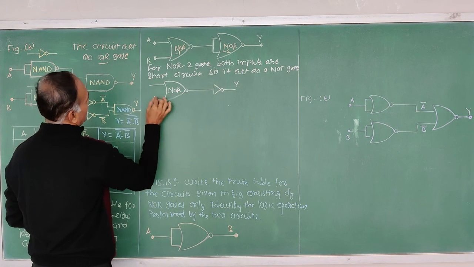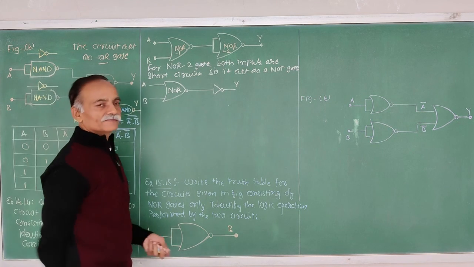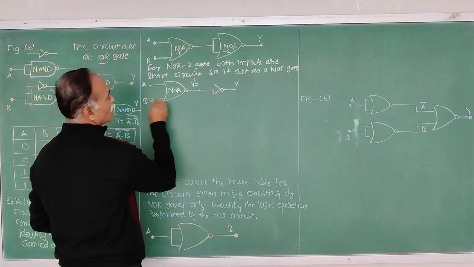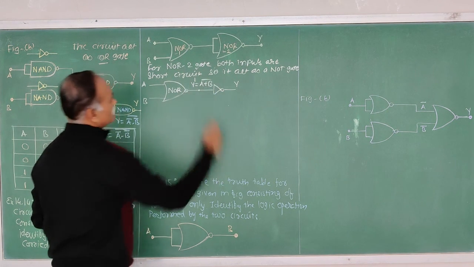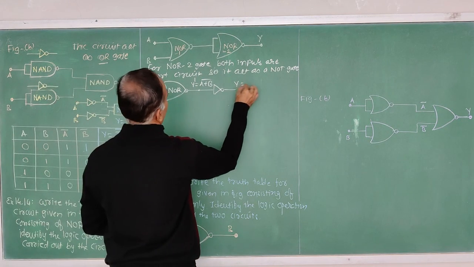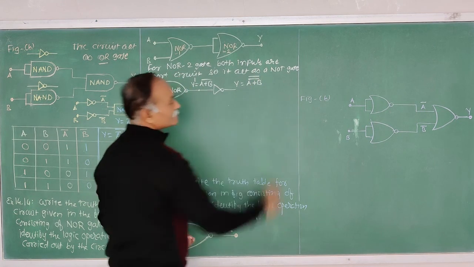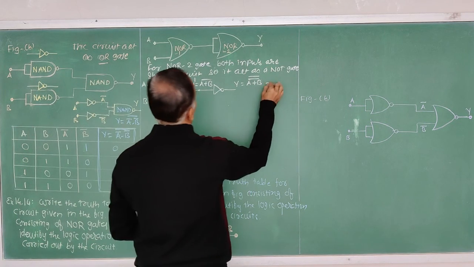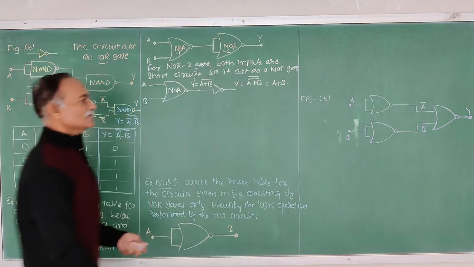That is the inputs A and B, and here there is y dash. y dash is equal to, for the NOR gate, (A plus B) bar, and that is again inverted. Therefore (A plus B) double bar. So it acts as an OR gate only: A plus B.